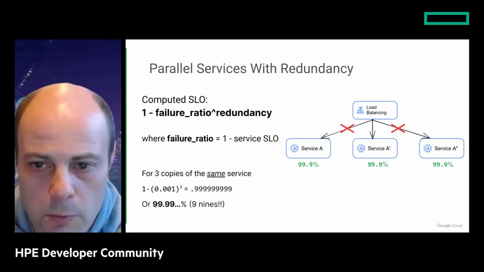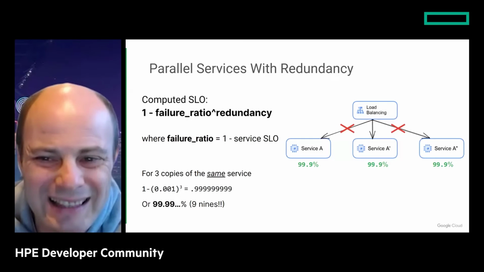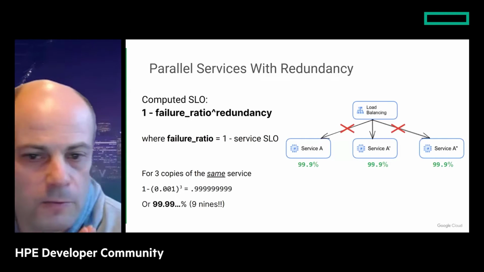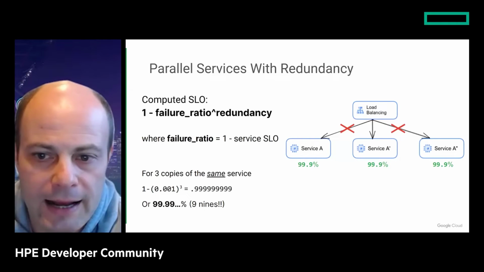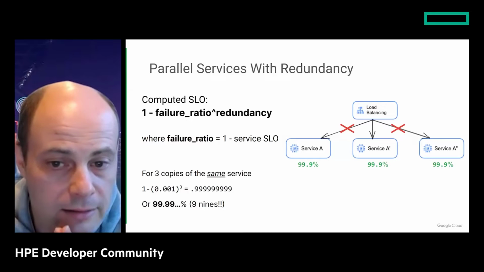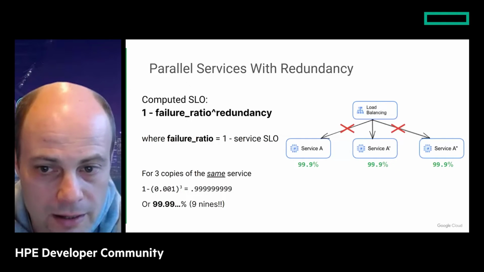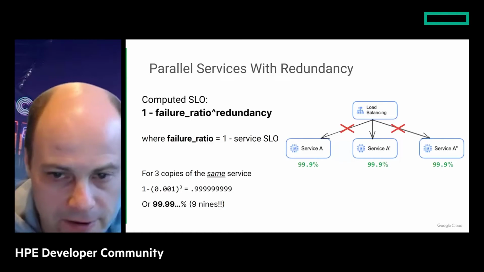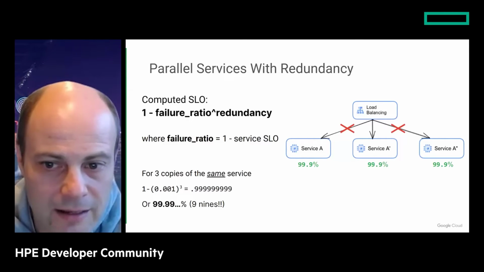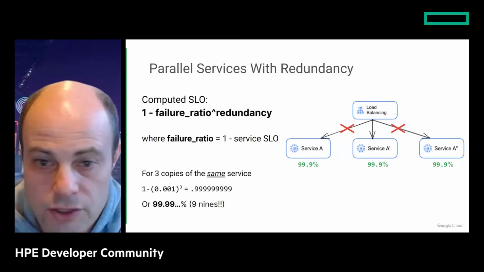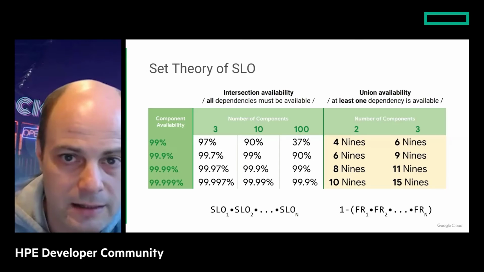So applying this formula, we get 9 nines of availability SLO, which is amazing for only 3 replicas. Again, I remind you, we use here a greatly simplified model. But still, it is great, right? Getting such a high SLO rate just by simple redundancy.